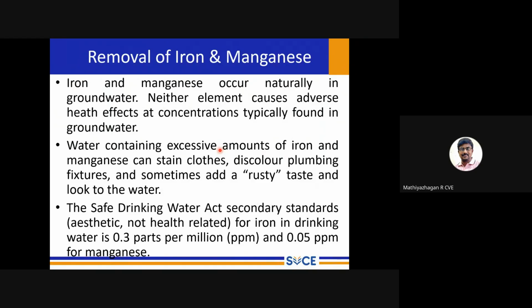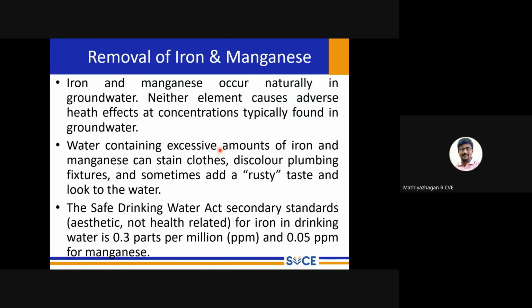This creates a lot of sediment in our overhead tank, underground sump, or pipes, that is, incrustation of pipes, as well as a staining effect on our utensils and clothes. Because of iron and manganese there is not much issue regarding health, but these effects, incrustation of pipes, a lot of sediment in the underground and overhead sump, and staining of our utensils and clothes, are problems.